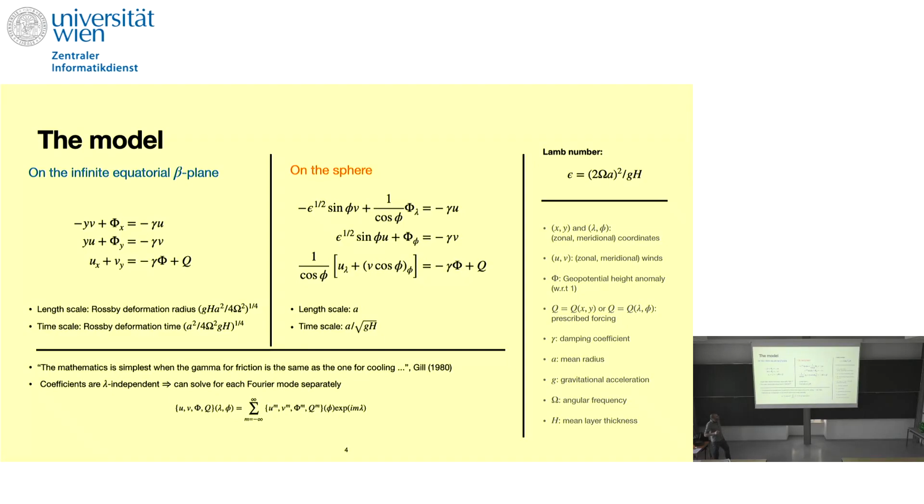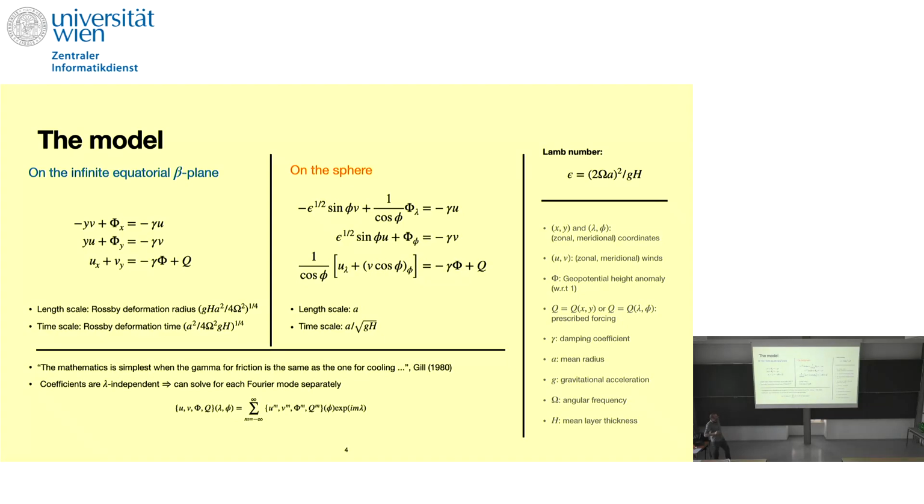In contrast, these are the steady state forced dissipated shallow water equations on the sphere. And aside from the spherical terms, the key difference is the fact that we can only reduce it to a single parameter, which is denoted here by epsilon, called the Lamb number, and is equal to omega a squared over gH, where omega, a and g are the angular frequency, mean radius and gravitational acceleration, and H is the depth of the shallow water layer.